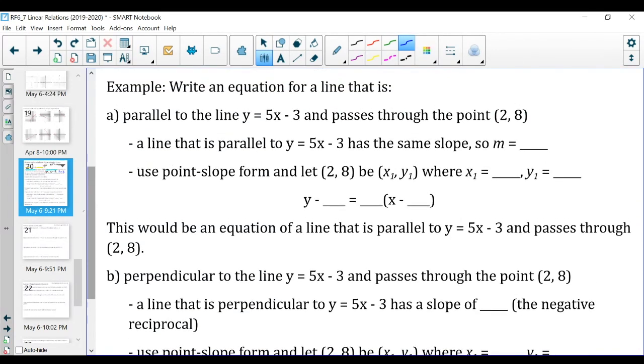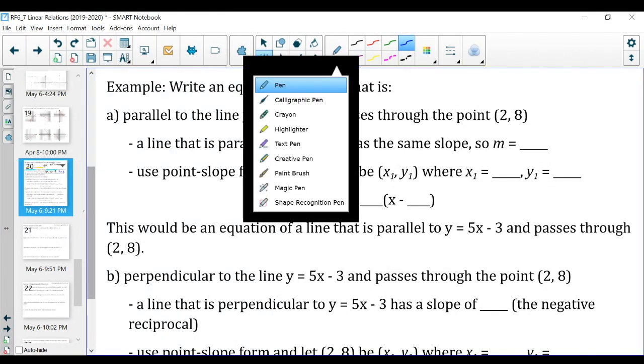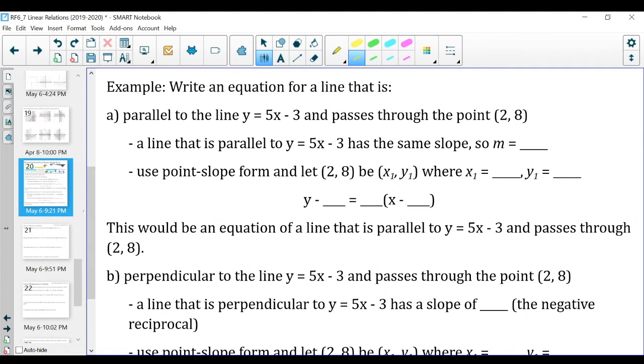We understand that if something is parallel, we need to make sure we have the exact same slope. So that means our parallel line needs to have a slope that is also 5.